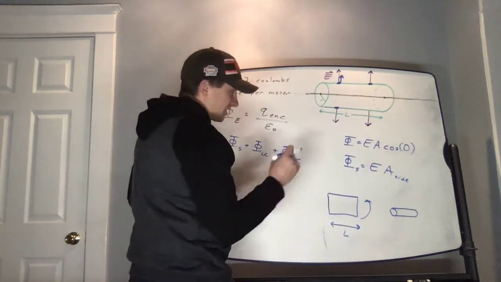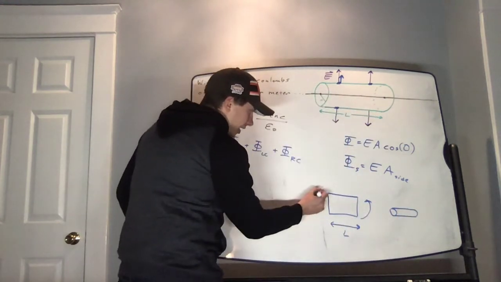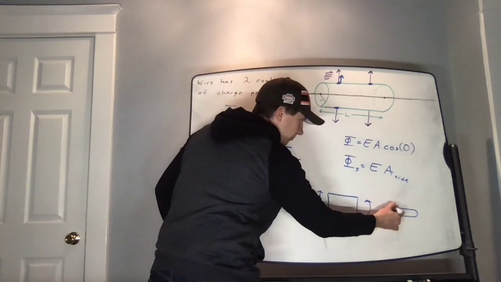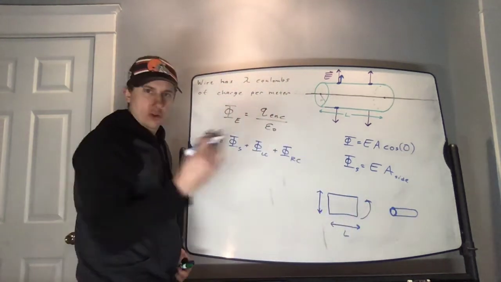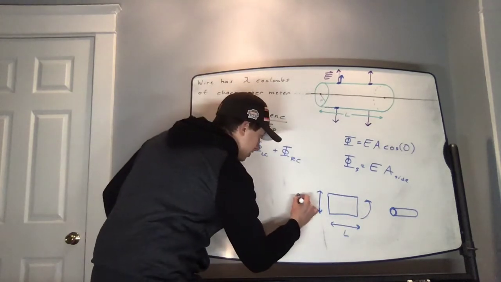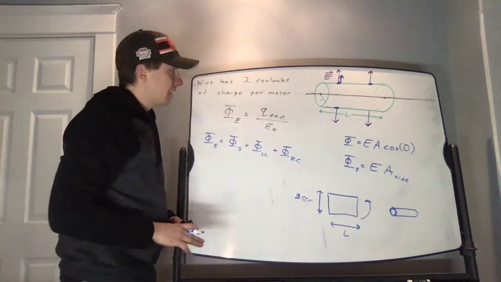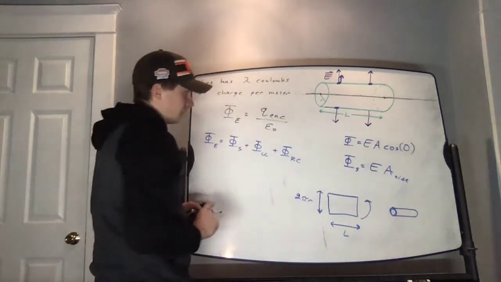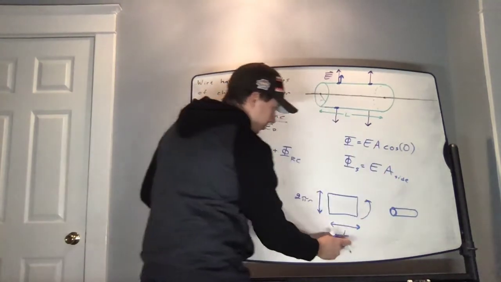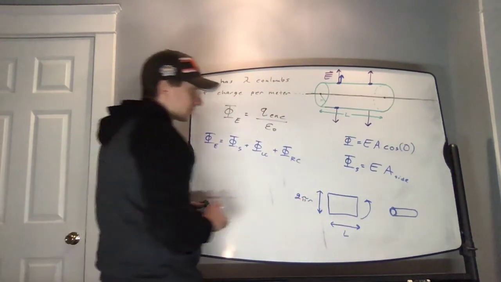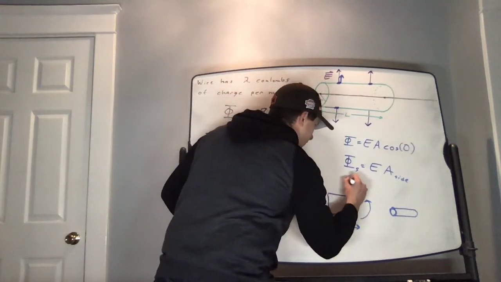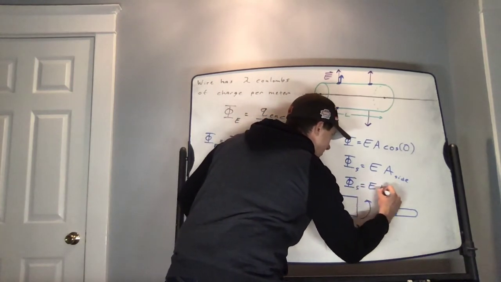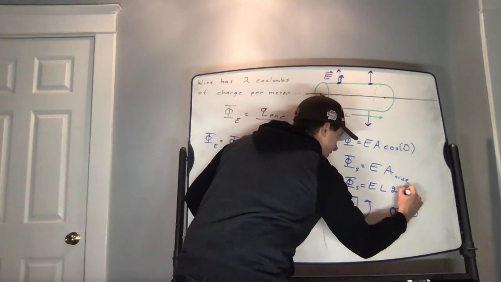I could say that the total height of this piece of paper will be the same as the circumference of the cylinder. So the total height of this paper will be 2 pi r. So I could write the area of the side of the cylinder is going to be L times 2 pi r. So the total flux through the side of the cylinder is going to be E times L times 2 pi r.